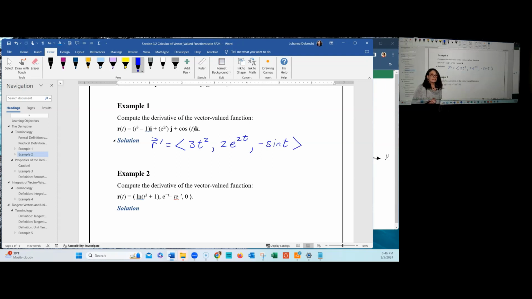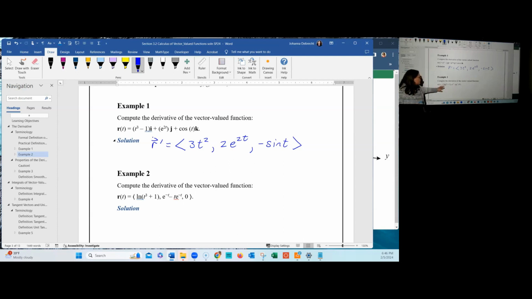So literally all I did was take the derivative of the component functions, but kept it in vector form. This is another vector valued function. This is the tangent vector to the vector r of t, given at any value of the parameter t.